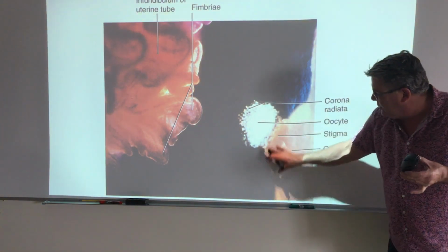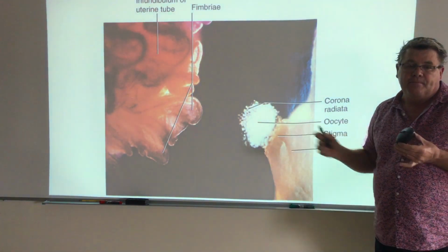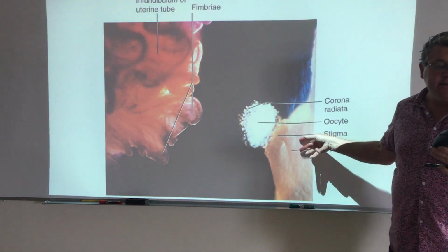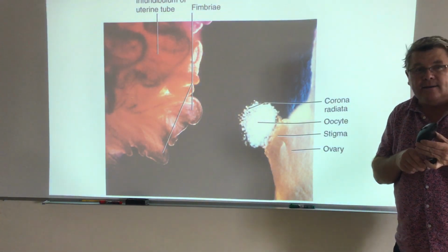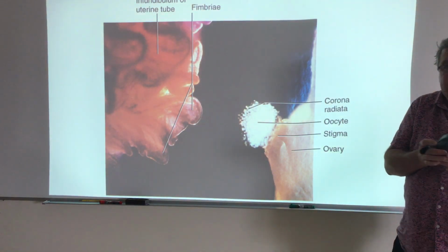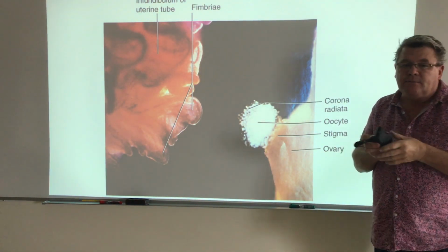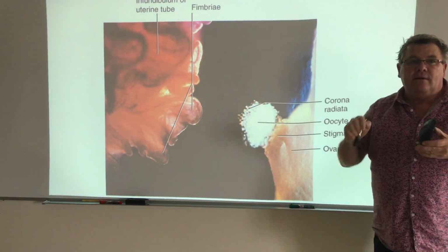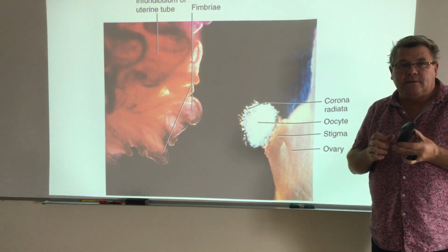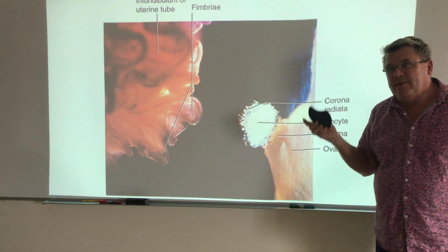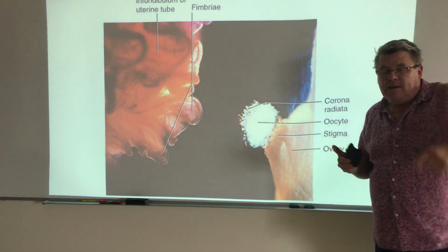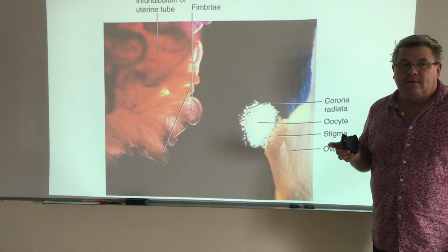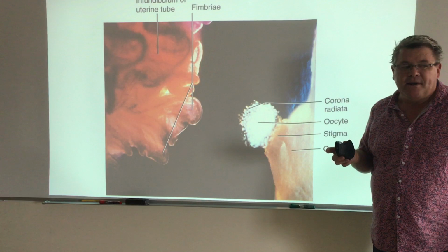So here's the ovary over here, and this is bursting out of the side. Now what we're left with in here, the follicle cells that are staying, they become the corpus luteum. They kick out progesterone. Progesterone sends the signal to keep LH and FSH down until the corpus luteum slowly dies. Then the progesterone levels go down, FSH goes back up, mature another follicle. I won't waste your time going through that one more time.